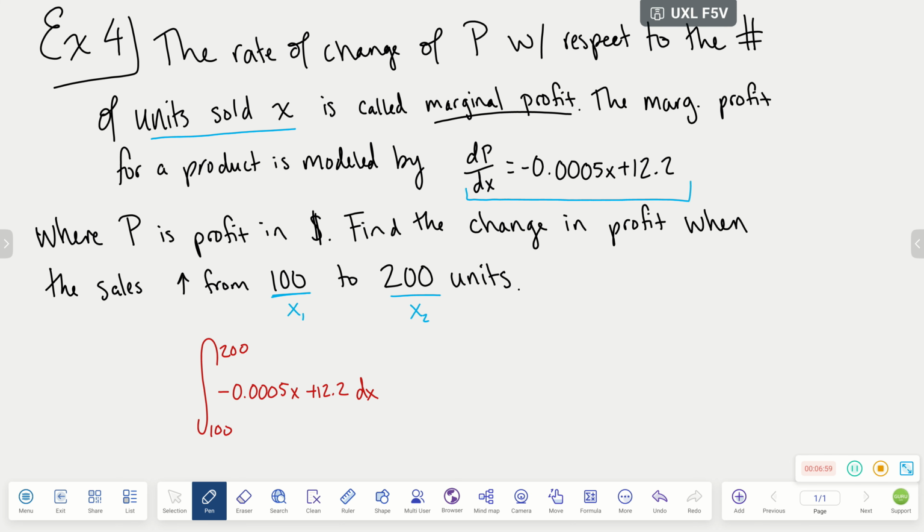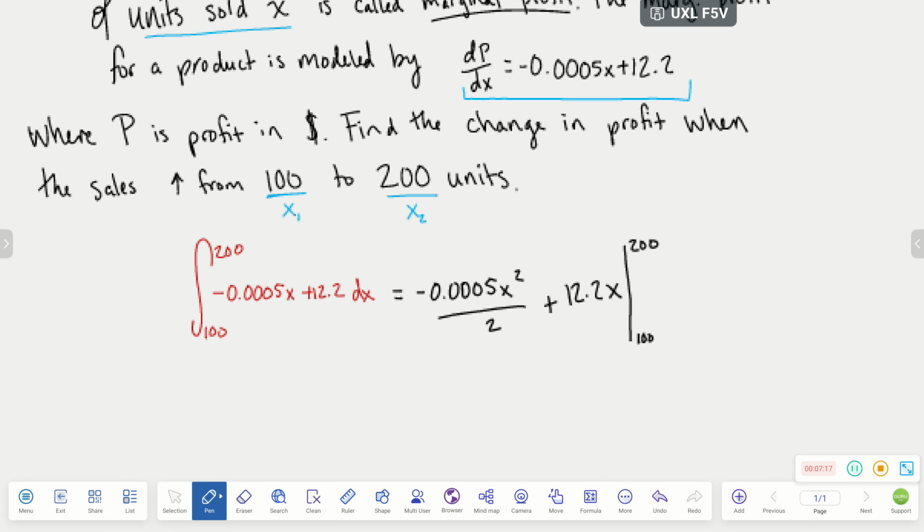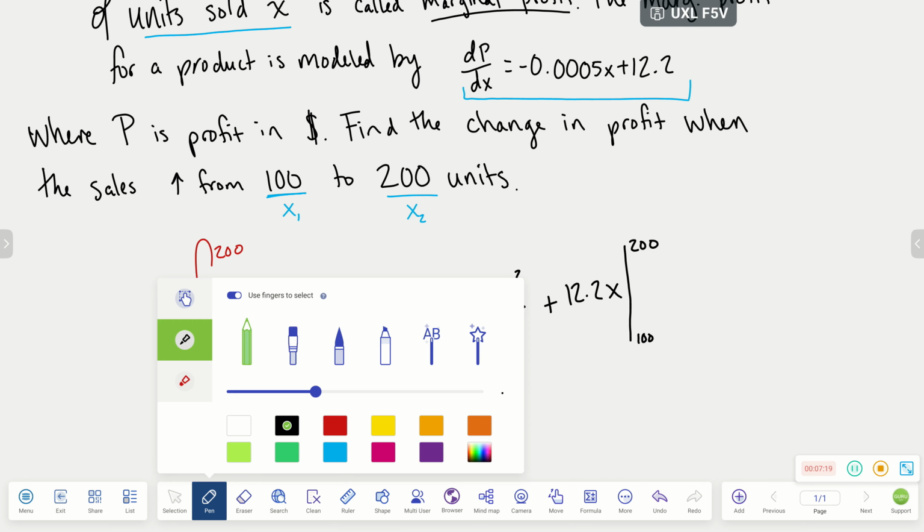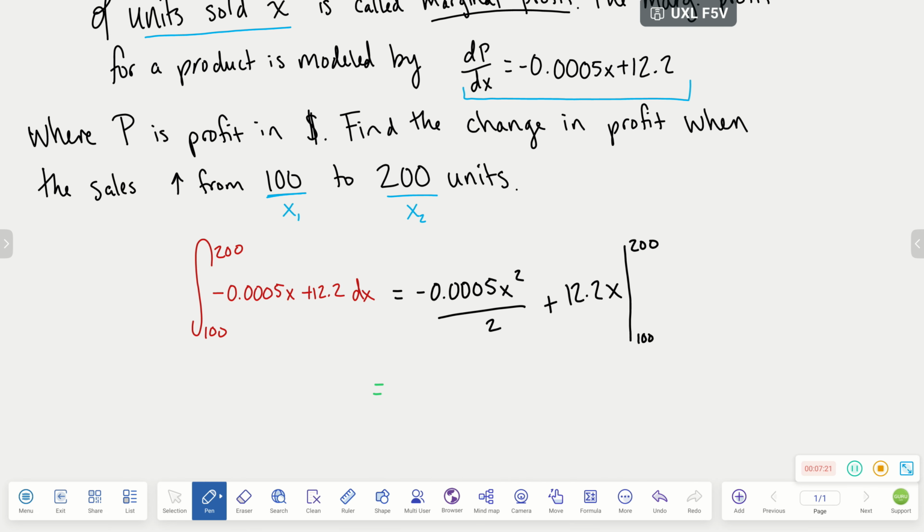And then I take the antiderivative. So I get negative 0.0005x squared divided by 2 plus 12.2x. I'm going to evaluate it from 100 to 200. Now I use my fundamental theorem of calculus. So I'm going to plug in those values.